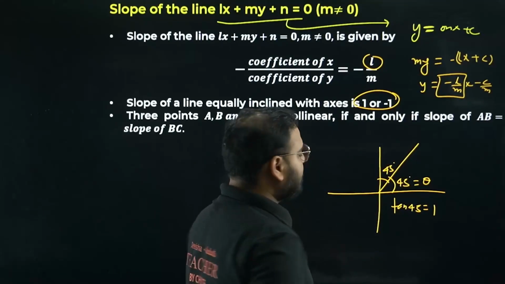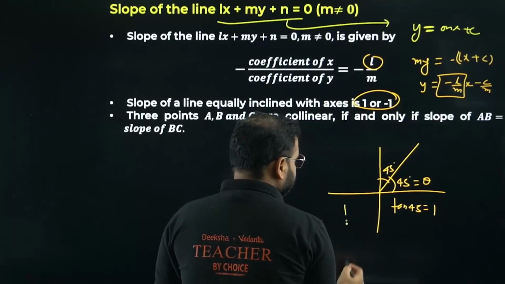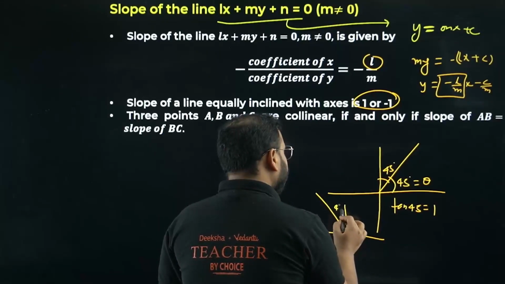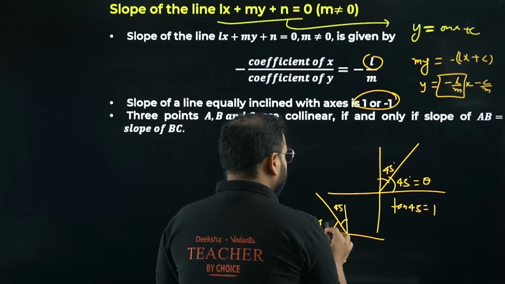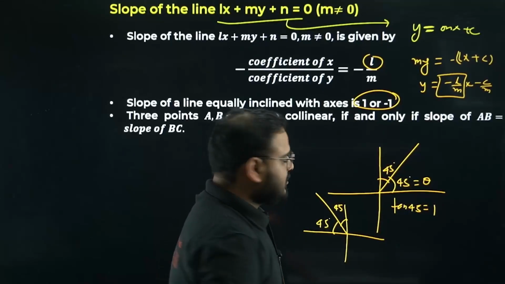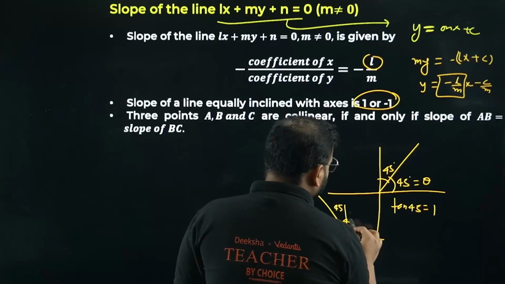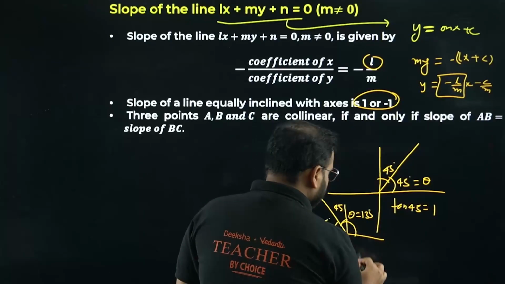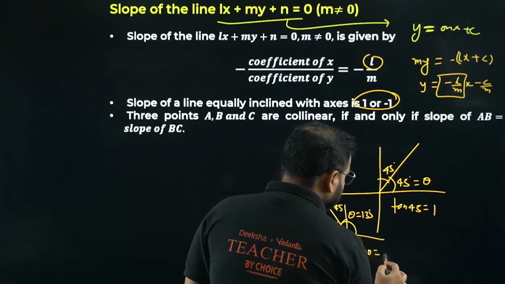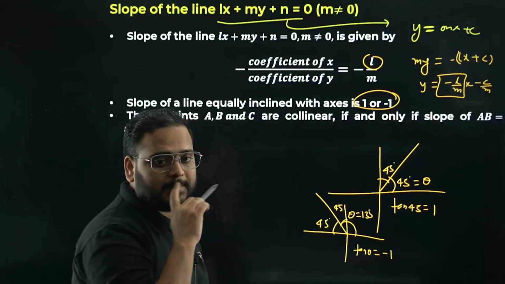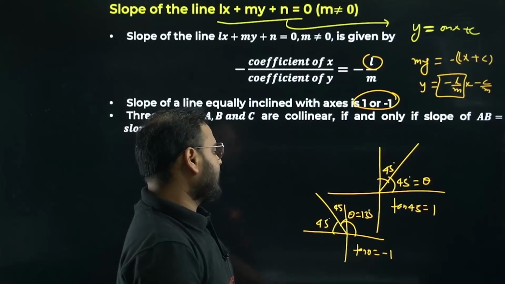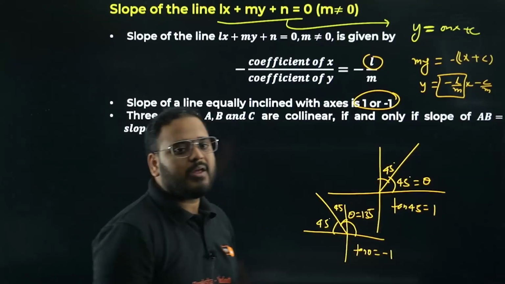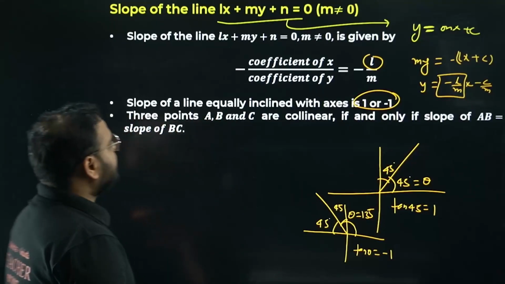If I take the other way in this quadrant, this will be 45 again, so the whole angle theta will become 45 plus 90, which is 135, and tan theta will be minus 1 because it is the second quadrant. That's why plus or minus 1.